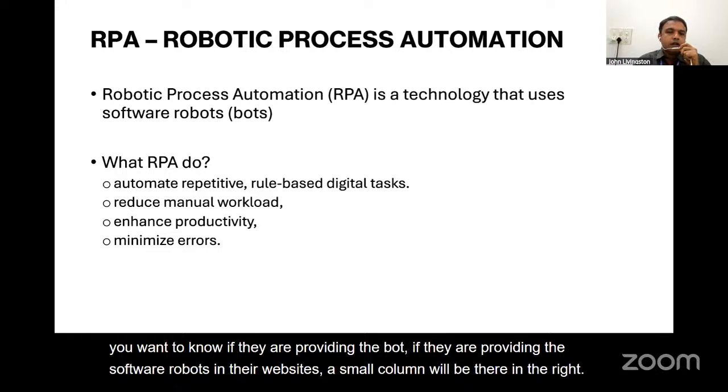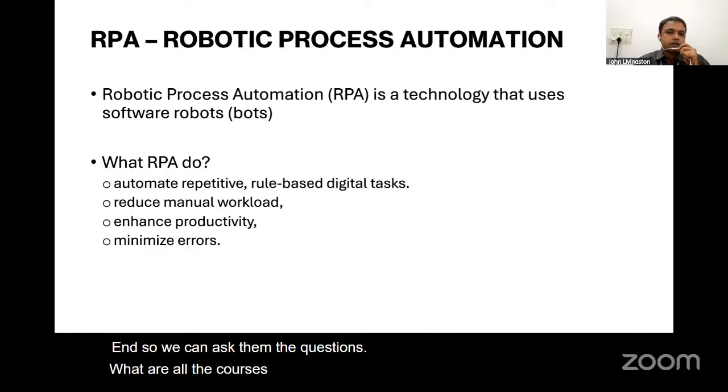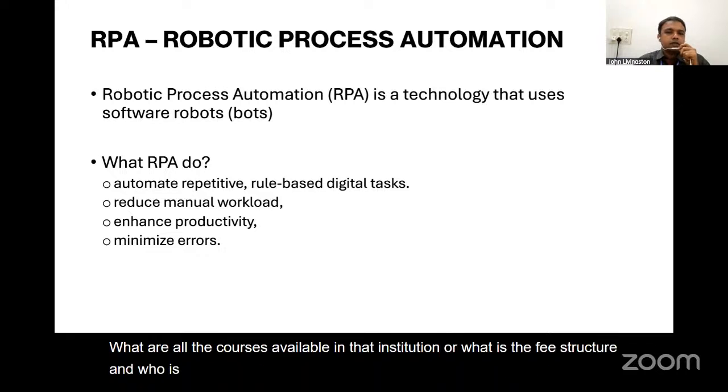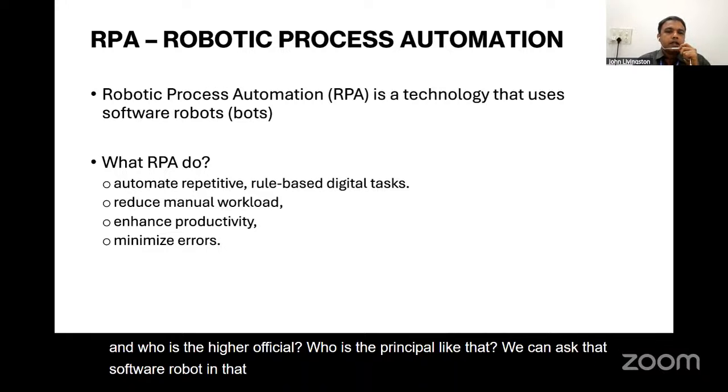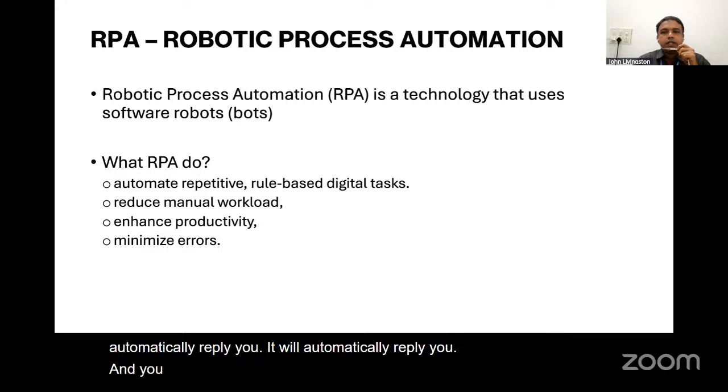We can ask questions: what are all the courses available in that institution, or what is the fee structure, or who is the principal? Like that, we can ask the software robot on that website, and it will automatically reply to you, and you come to know the information about that institution.